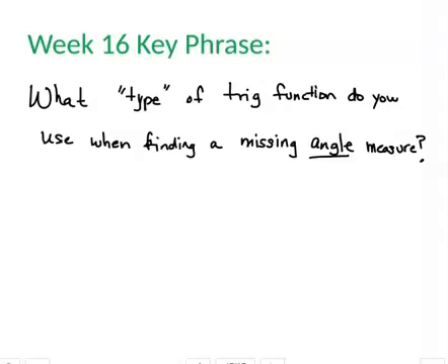But I said there's a special type of trig function that you use when you are finding a missing angle measurement. And what is that? I'm not looking for sine, cosine, or tangent, but there's a type of all three of those that we use when we're finding missing angle measurements. And what is that?